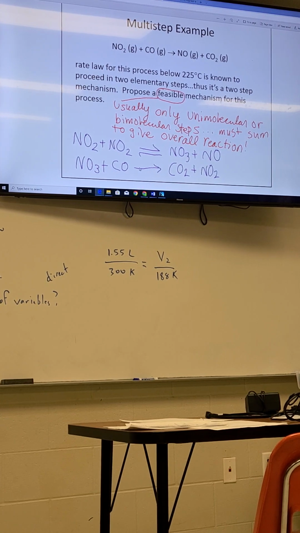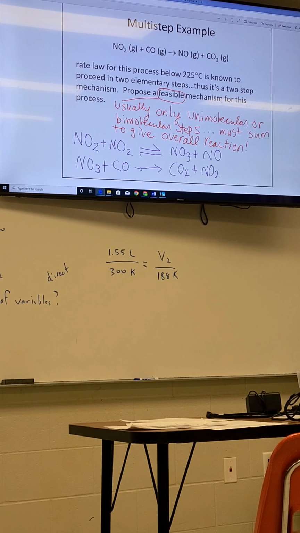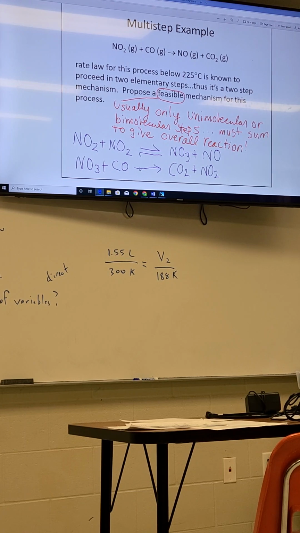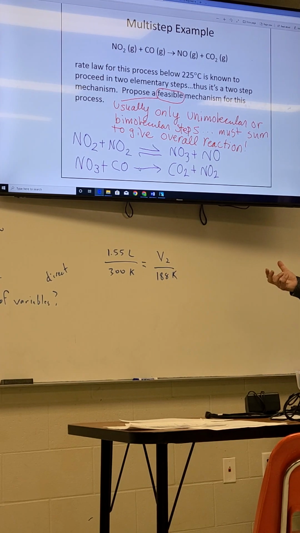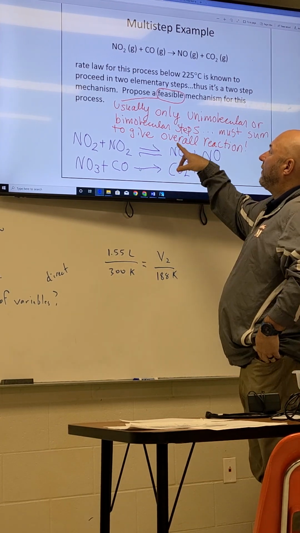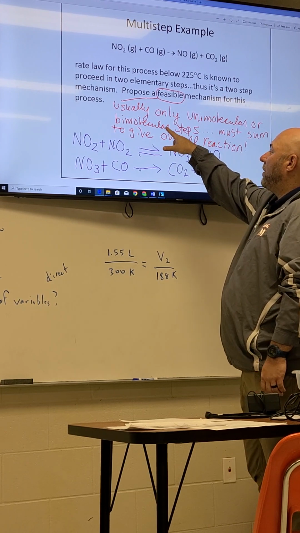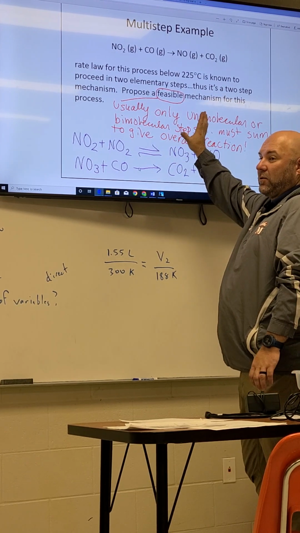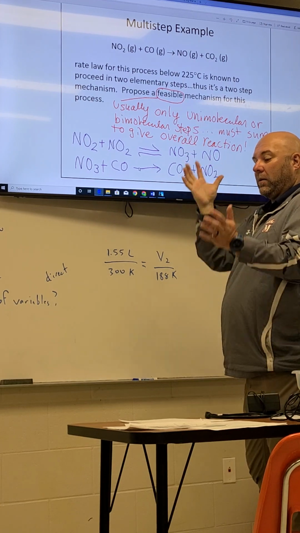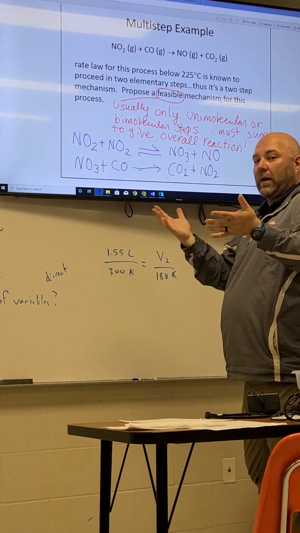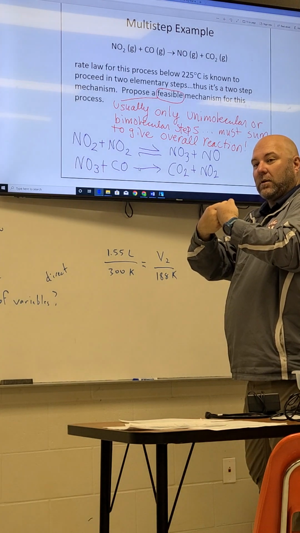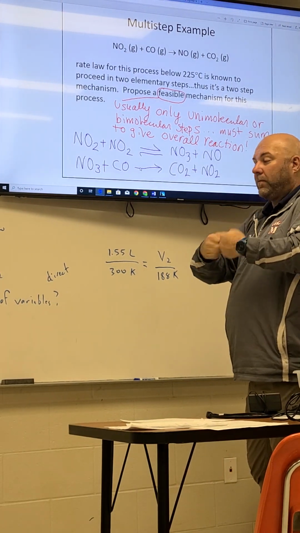All right, so on this particular setup, we're going to look at a couple of steps, and these are just taking the information that we have and trying to provide some type of explanation of how we actually go from reactants to products. Okay, let's say I tell you it's a two-step process. If I know that things are normally unimolecular or maybe bimolecular, those are the two big ones, like one molecule might decompose, or we have two molecules that collide in such a fashion that they change one another.